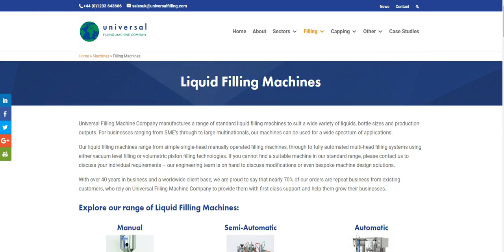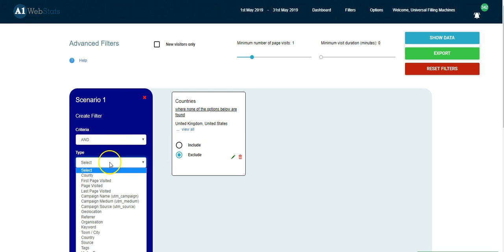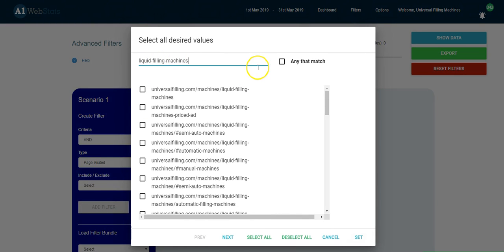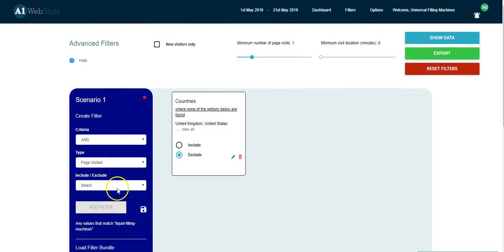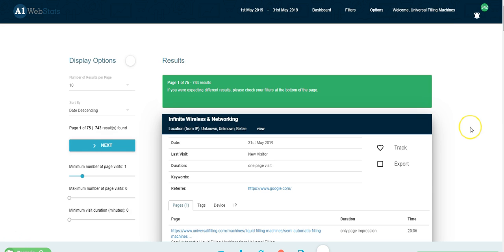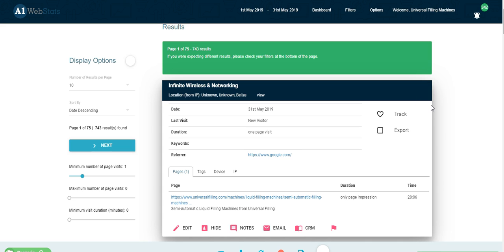So we're going to add in those people who got to a page that had that in the URL. And we're going to select any of those pages and include those and add the filter. And then click on Show Data. And what we get are 743 of those visitors, that's 32% of the total, who during their visit to the website got as far as any page that had liquid filling machines in the URL.